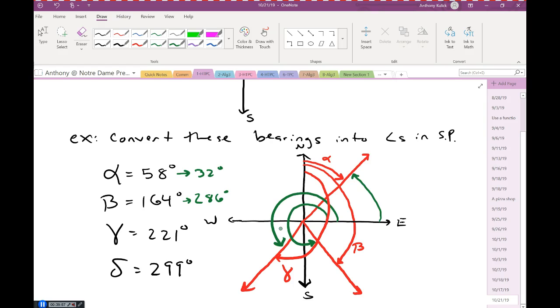How big is that one going to be? 229 is correct.